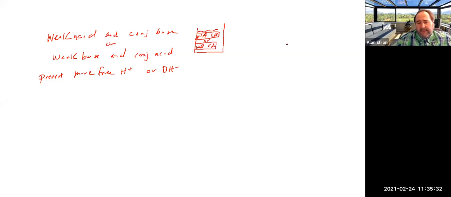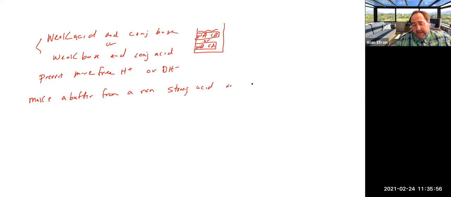The other important thing, from some of the things that we saw in the lab on Monday, is that you can make a buffer from a reaction of, say, a strong acid and, say, a conjugate base.